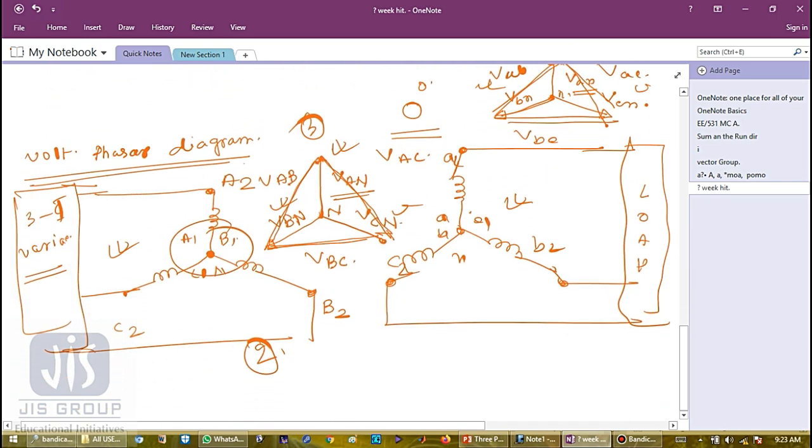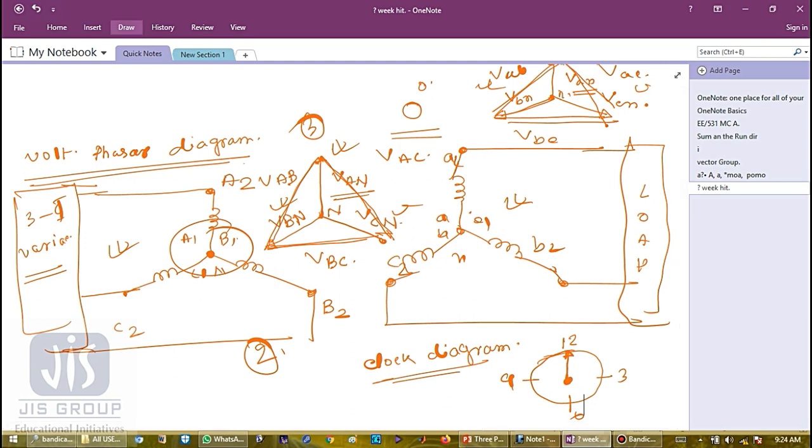And if we want to draw the clock diagram, let me draw the clock first. So this is the 12 o'clock position. The minute hand, the larger hand, will always be fixed to this position. Okay, this is my 3, 9, 6 o'clock position, and it is 0 phase shift.